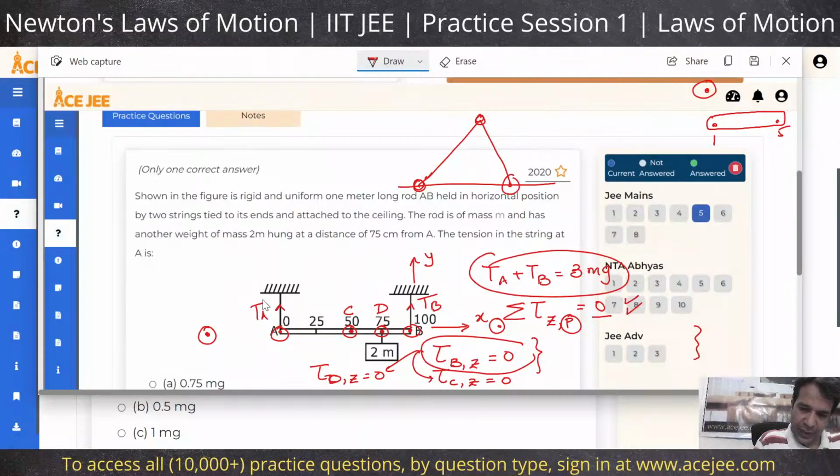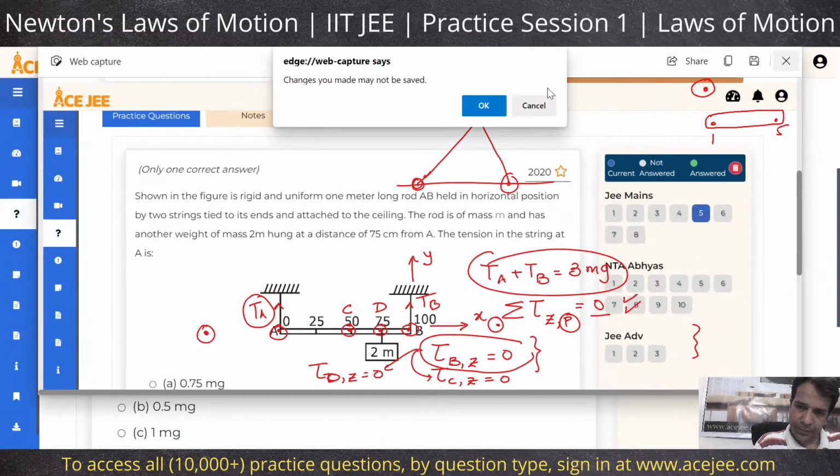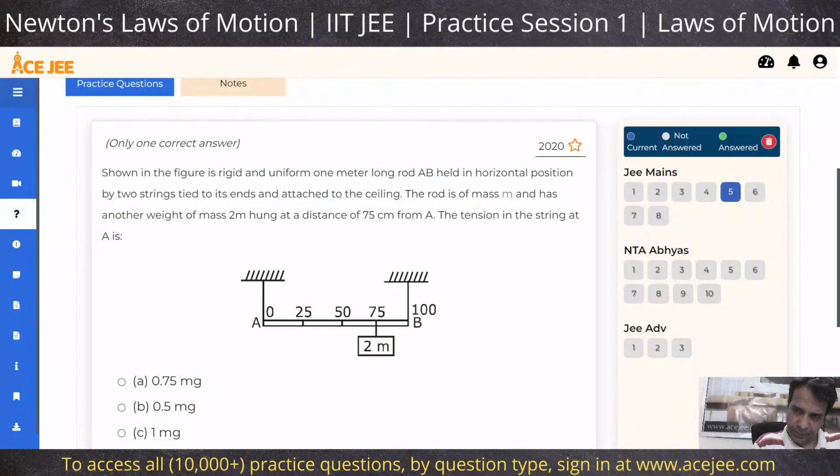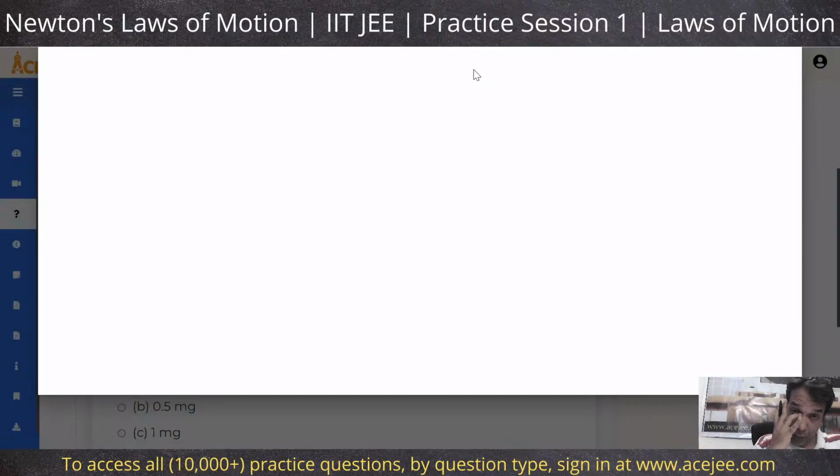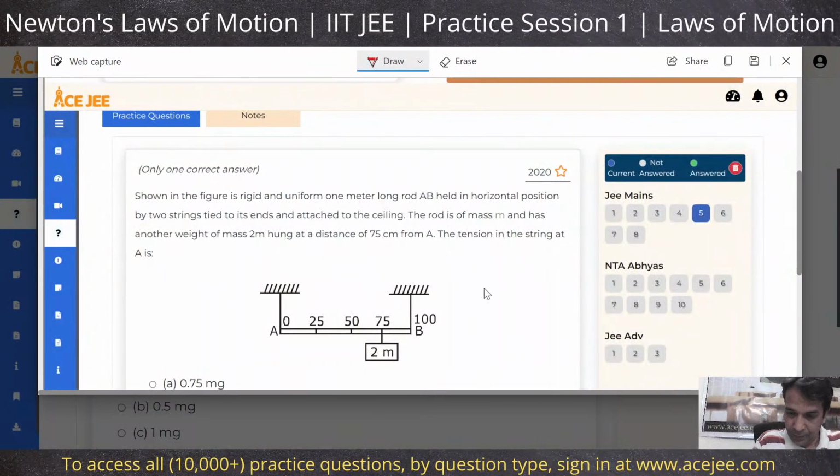With the tension? In this case, okay, let's write the torque about B. So let's find the torque about B, in the z direction.